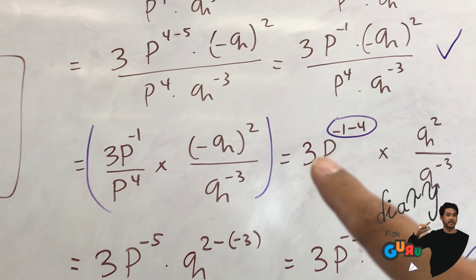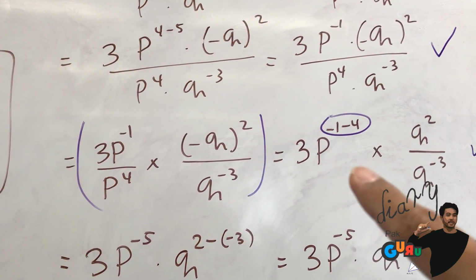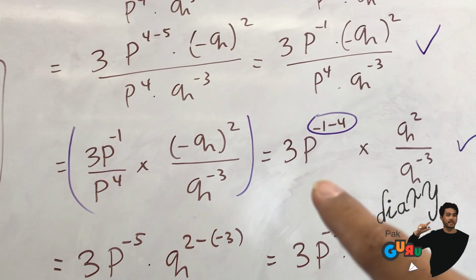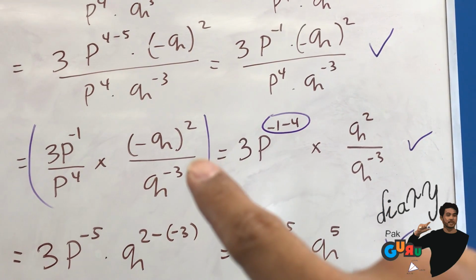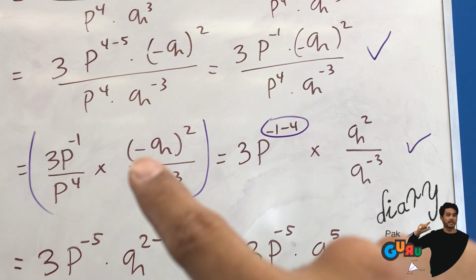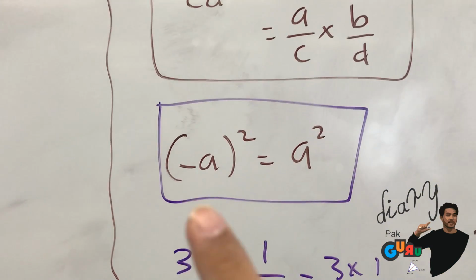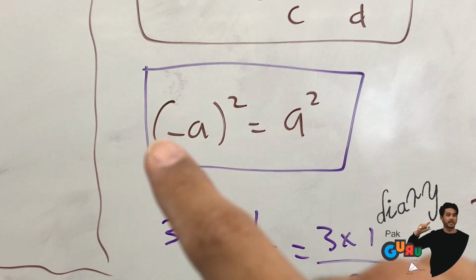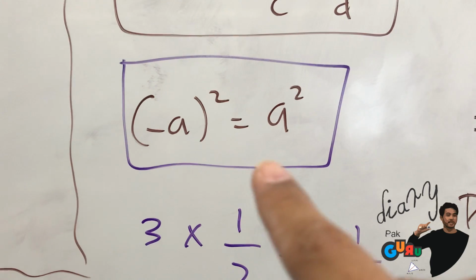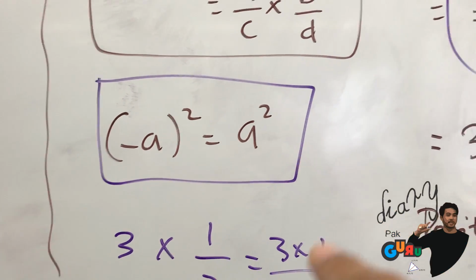So we will have 3p to the power of negative 1 minus 4 from the second principle. And I changed negative q squared into q squared, because whatever is in the bracket, negative a squared will always be equal to a squared.